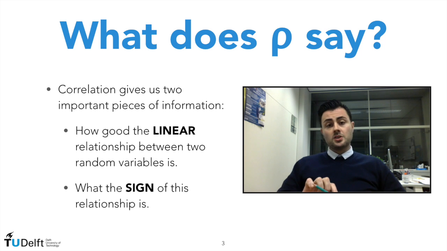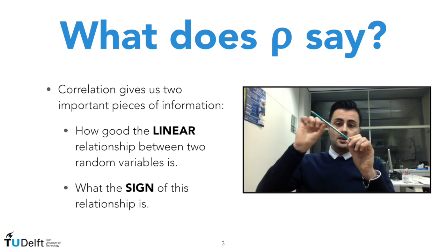The second information is how good this linear relationship is. The higher the correlation in absolute terms, that is to say the closer to 1 or the closer to -1, the better our linear relationship describes the dependence between the two random variables, x and y. In practice, a correlation of 1 means that all our observations are exactly on a straight line.